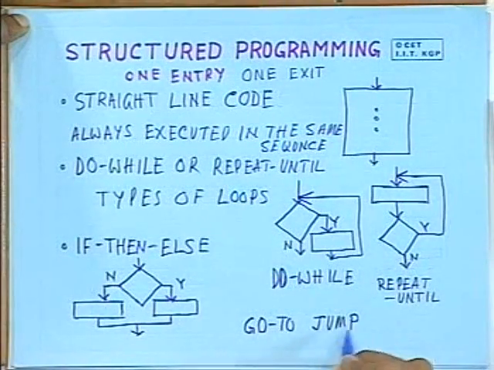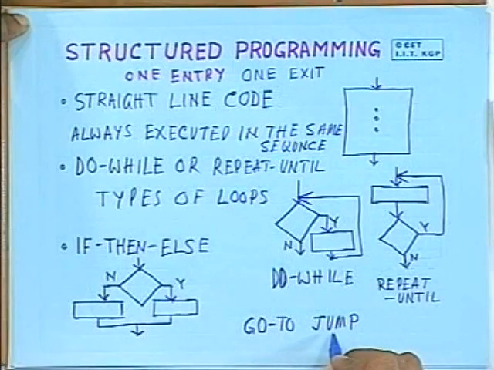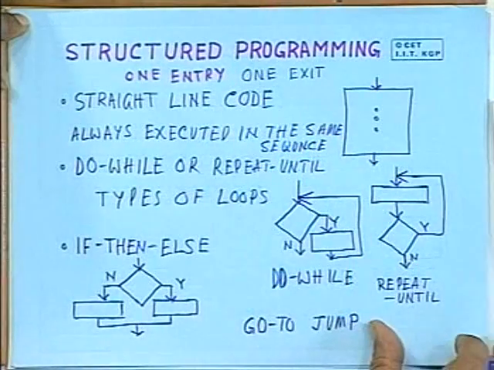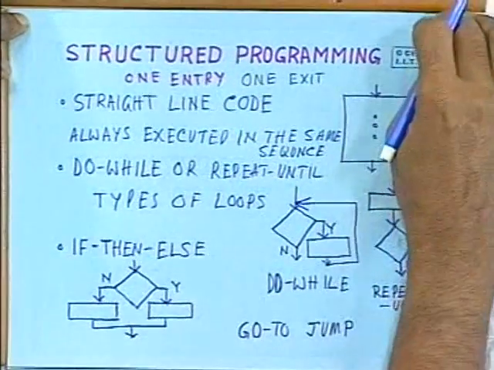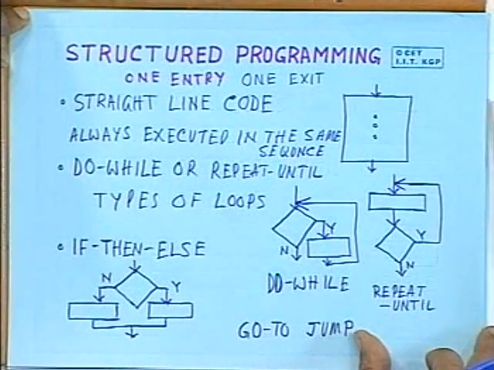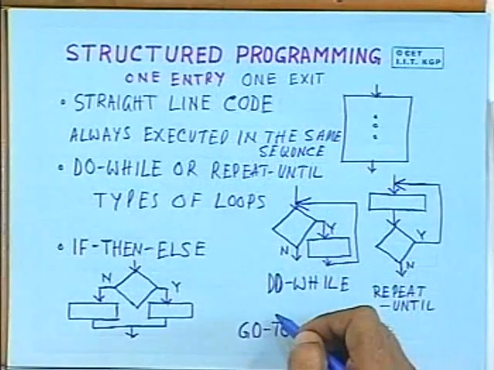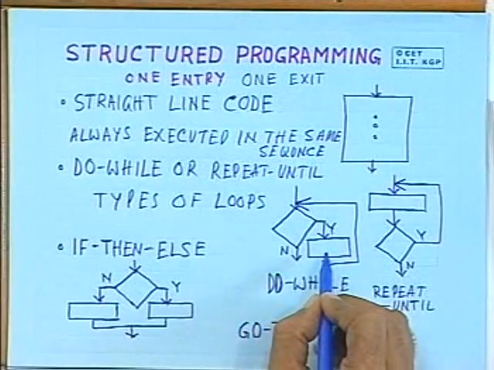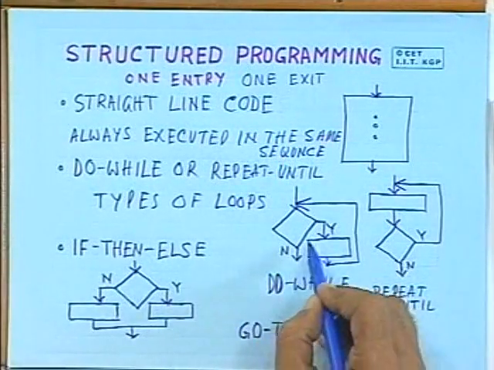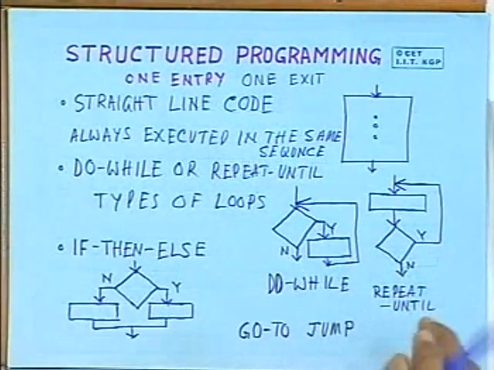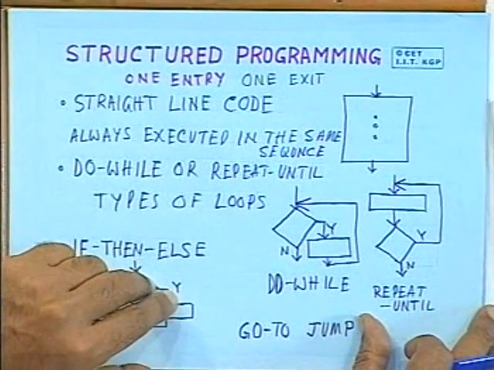That means unconditional jump is not recommended in structured programming because it may lead to ambiguity and other problems. So these are your structured programming blocks. Now you have decision making and loops, which we shall discuss in this lecture: how decision making is done, how loops are performed, and we shall discuss these topics at length.